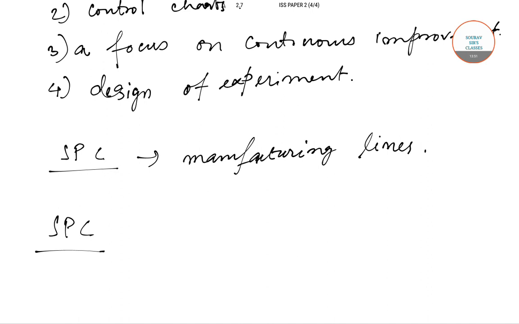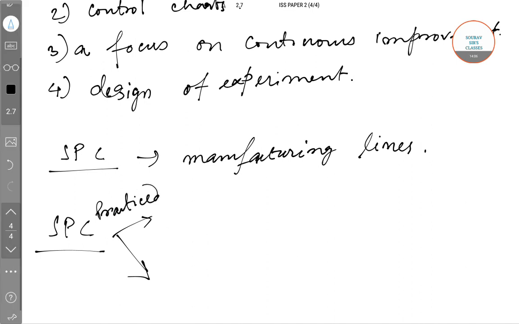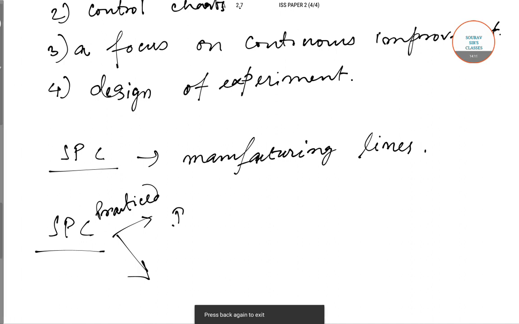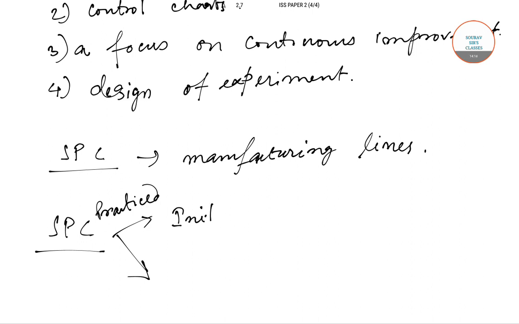SPC is practiced in two phases. The first phase is called the initial establishment of the process, and the second phase is the regular production use of the process.